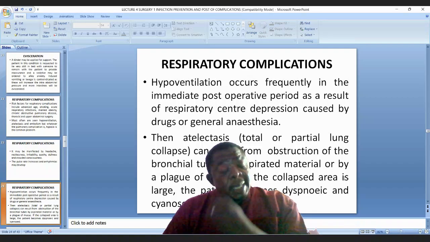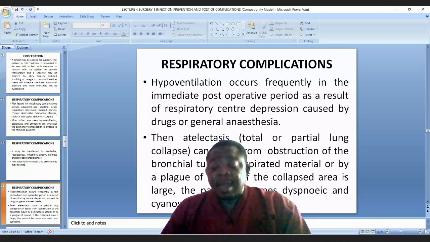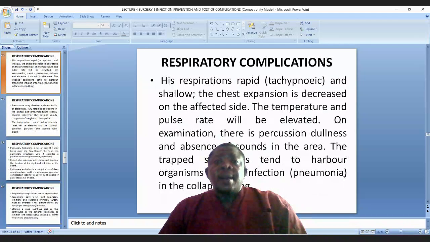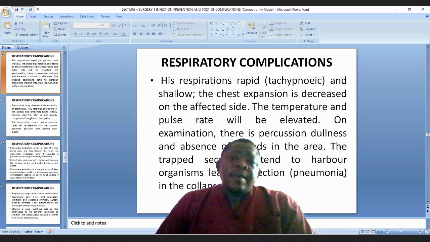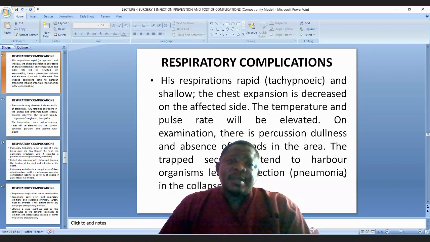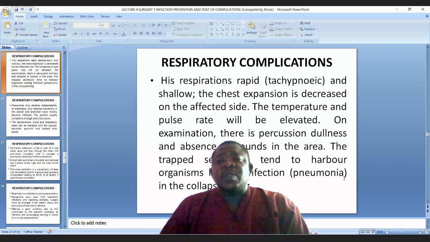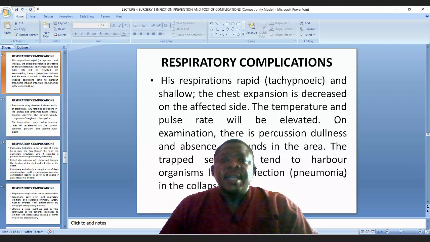That is in atelectasis, lung collapse. When there is a lung collapse, the patient's respiration becomes rapid. That is, the patient is going to have tachypnea, fast breathing, and that is fast and shallow breathing.